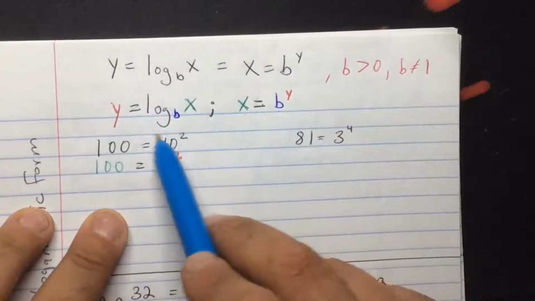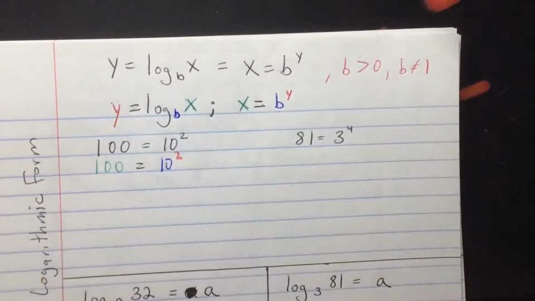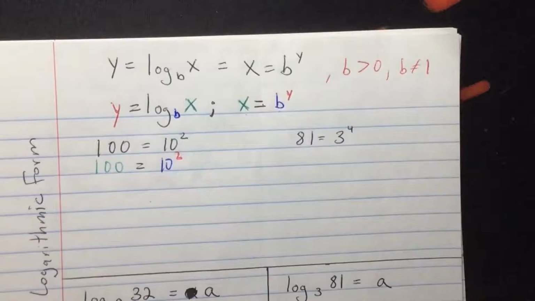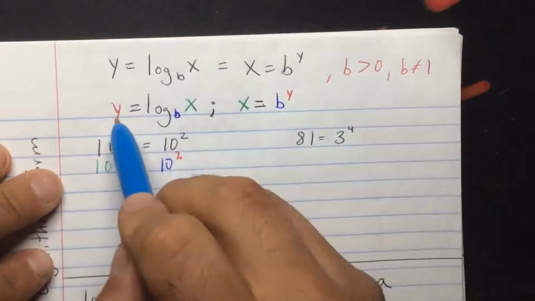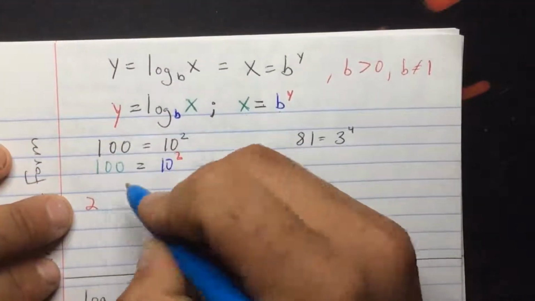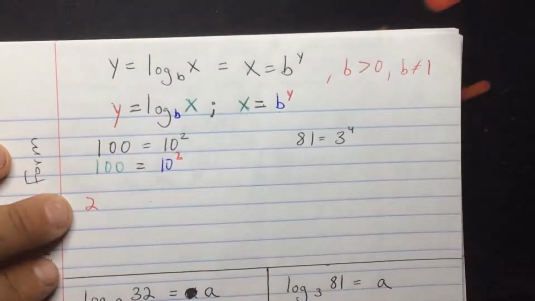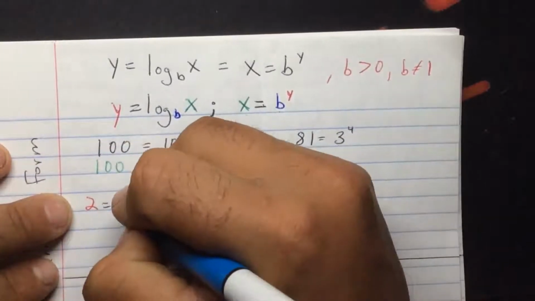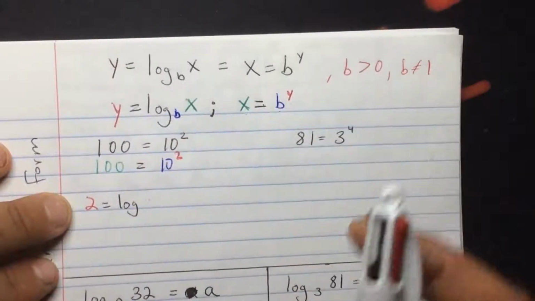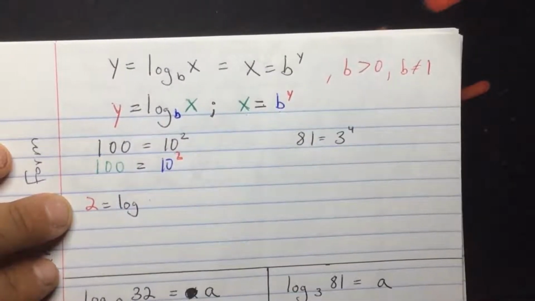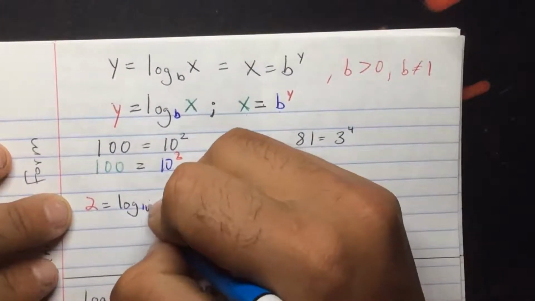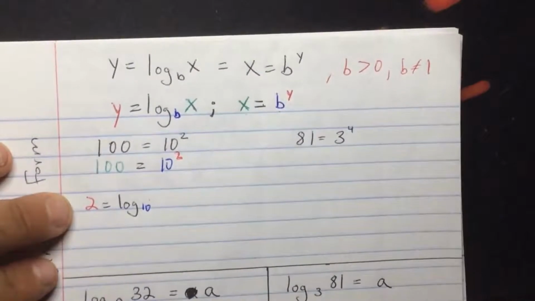So now we can go ahead and rewrite this. Start with our red. Oh, it's already selected. I was looking for it. Okay, so that's going to be 2, and then equal to the log of base b, which is our 10 here. Log base 10 is also our normal logarithm.